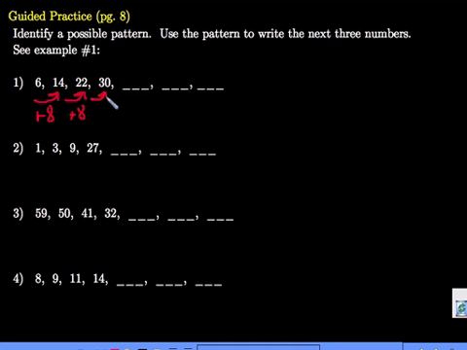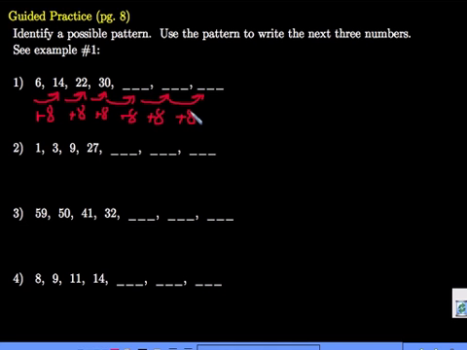From 22 to 30, I'll add 8. Well, we will do the same thing for the next three numbers. I will add 8, and add 8, because that is our pattern. We'll add 8 to every number.